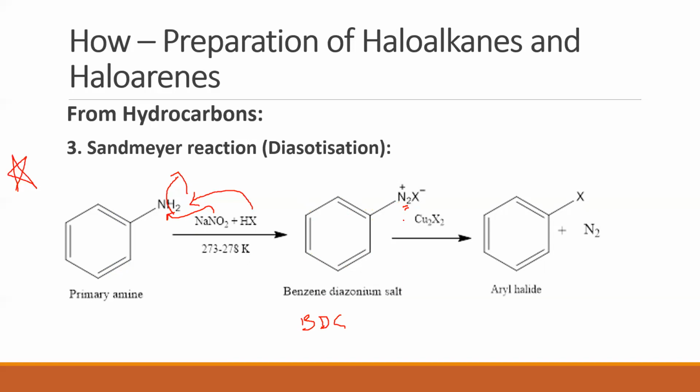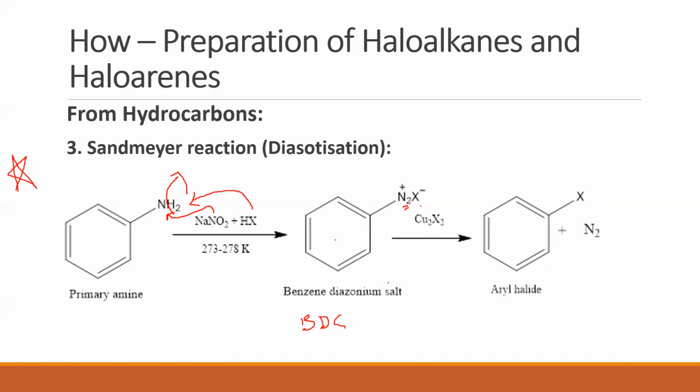Same way, nitrogen is also called by a name azo. So how many azo atoms are there? Two azo atoms. So therefore, diazo. Hence the name benzene diazonium chloride. Clear? BDC, benzene diazonium chloride. This is what is obtained in the first step.